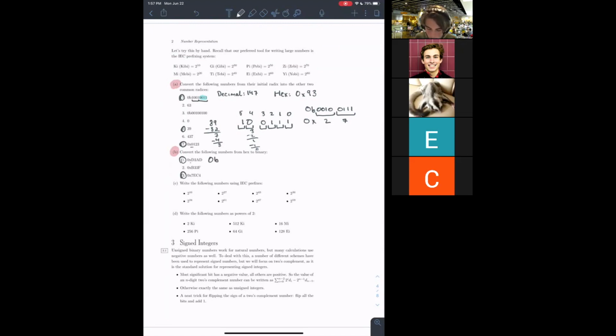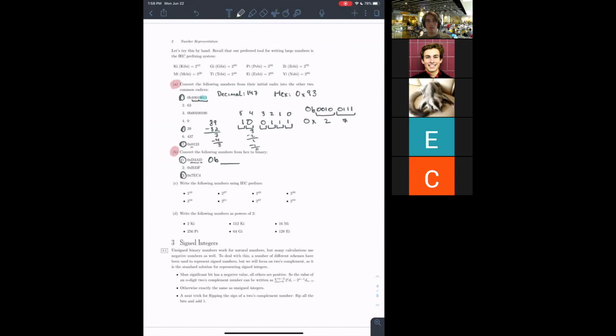So we have 4 hexadecimal places, which means we're going to have 4 segments of 4 bits. So 16 total bits, and each section of 4 corresponds to one of the hex places. So anyone want to tell me what D is first in decimal, and then we can think about it in hex?